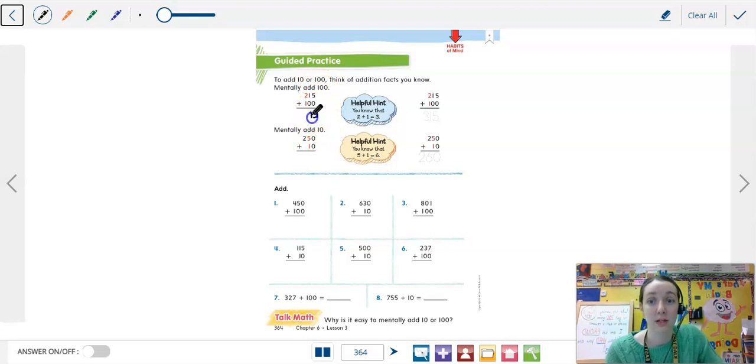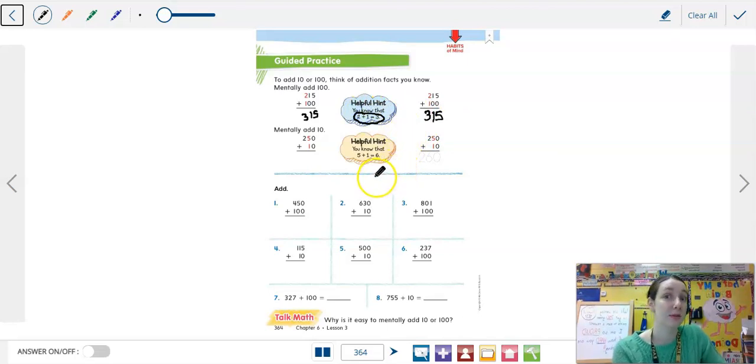So 2 plus 1 is 3, and our answer is 315. You could have done that in your head, since when you're adding 100, it's only the hundreds place that changes.